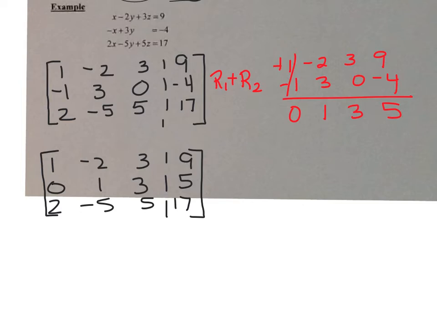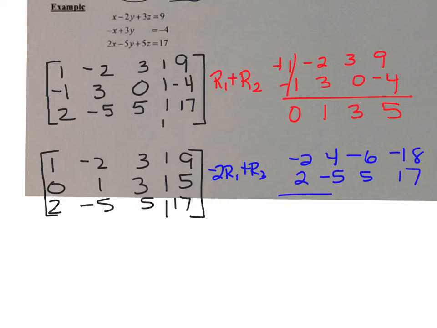So we have -2 row 1 plus row 3. So -2 row 1 is going to be -2, +4, -6, -18. Add that to row 3, which is 2, -5, 5, and 17.